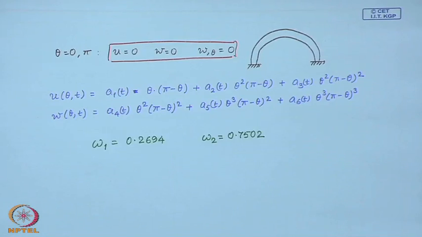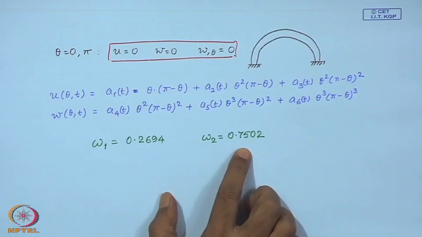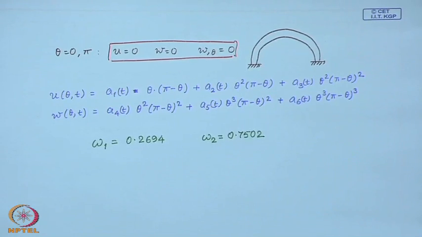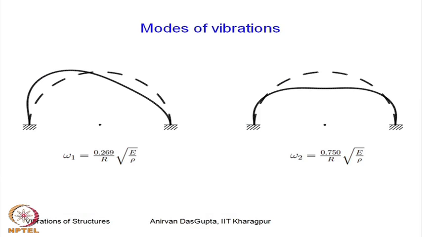So, the non-dimensional circular eigen frequencies appear as, so, these are higher than the pinned case as we expect. So, here this figure shows the modes of vibration. Again, this first mode is the unsymmetric mode and this is the symmetric mode with higher frequency.